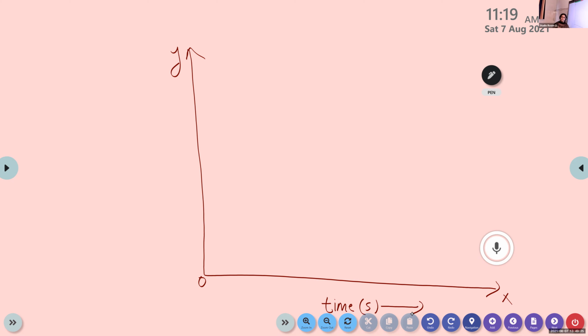Even though it is a velocity time graph or acceleration time graph, there will be no change in time. Time remains the same. So here the time varies from 0, 1, 2, 3, 4, 5, and 6.